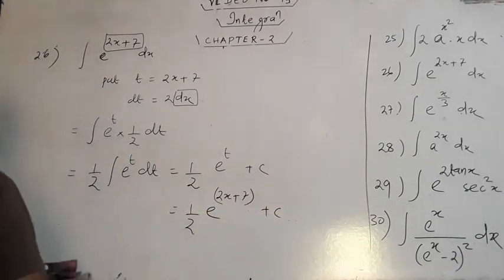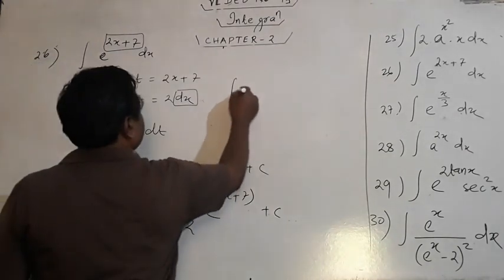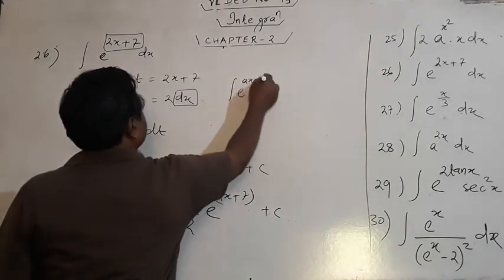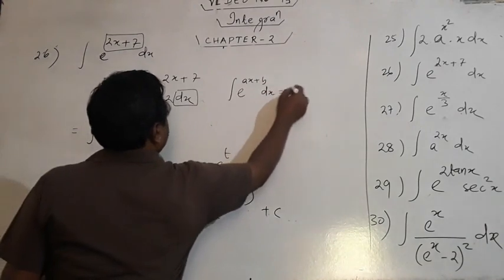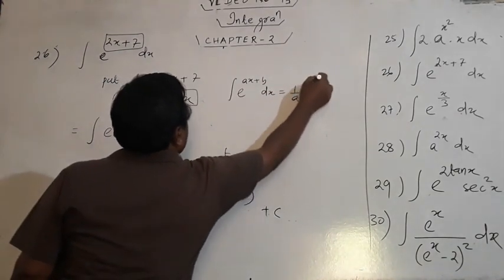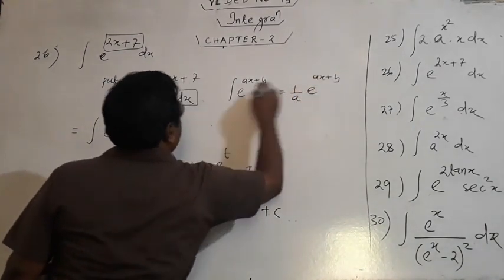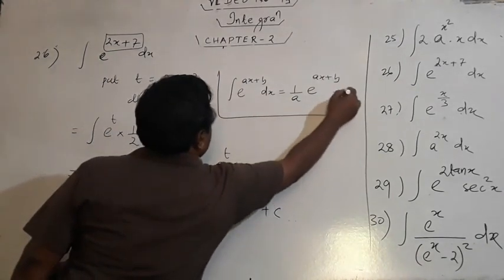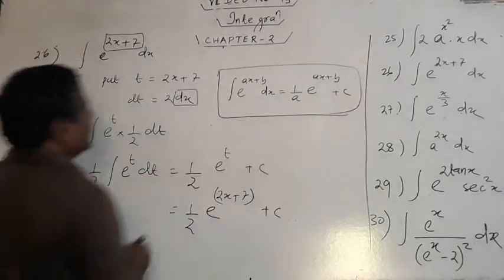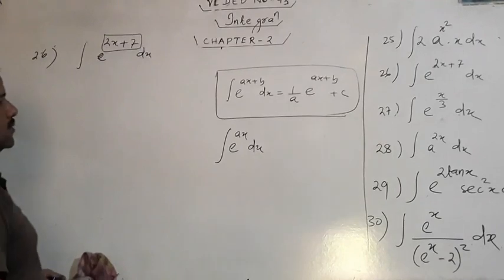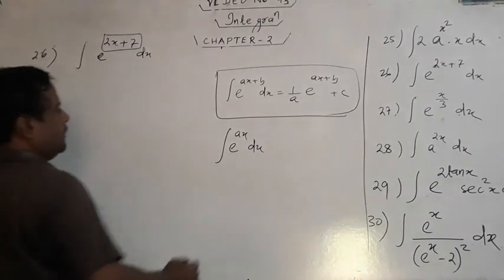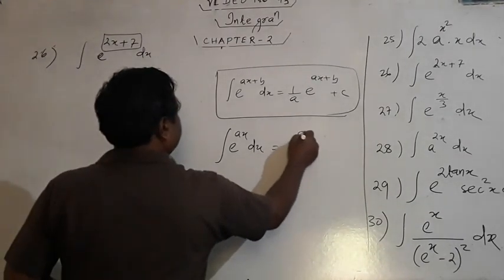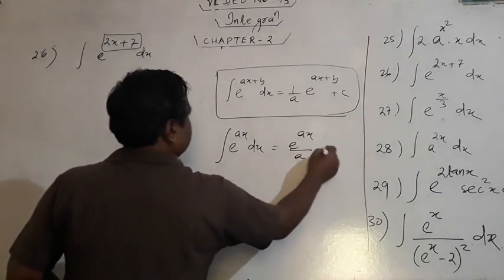And there is also another formula, that is direct formula. Integration of e to the power ax plus b dx is 1 by a e to the power ax plus b. Applying this formula, you can also do this problem directly. Okay. Also, integration of e to the power ax is what? E to the power ax by a plus c.